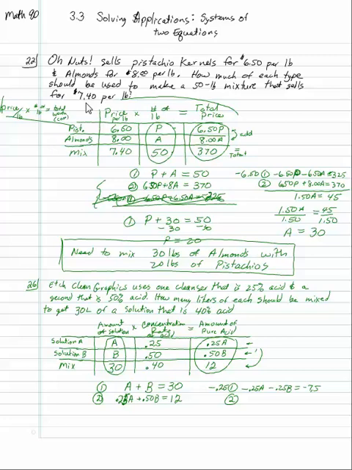Equation 2, we leave it alone. Add those equations together. The A's cancel. 0.25B, that's 4.5. Divide both sides by 0.25. So B must be 18.